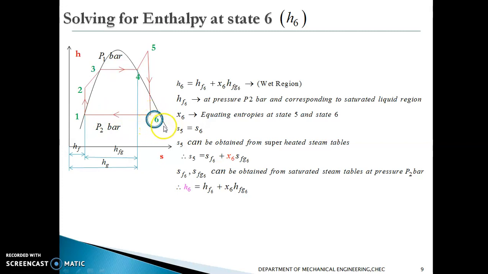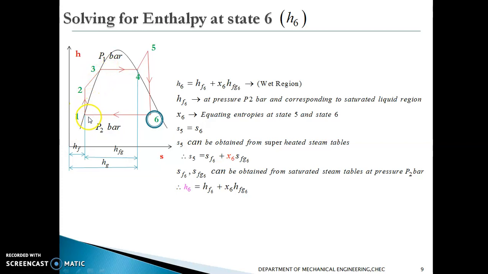Wet condition means it is a region where there is both liquid and vapor. So when it travels from the saturated liquid line to the saturated vapor line, liquid is converting to vapor. That means on the saturated liquid line x is equal to 0, there is no dryness fraction, so the dryness is 0.